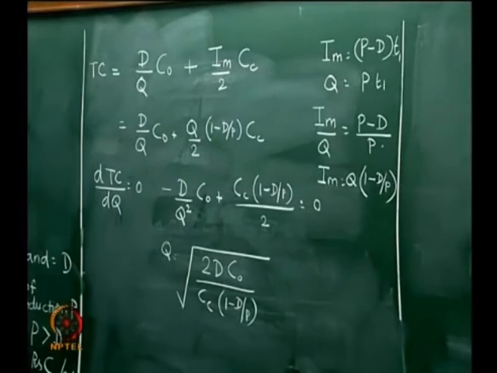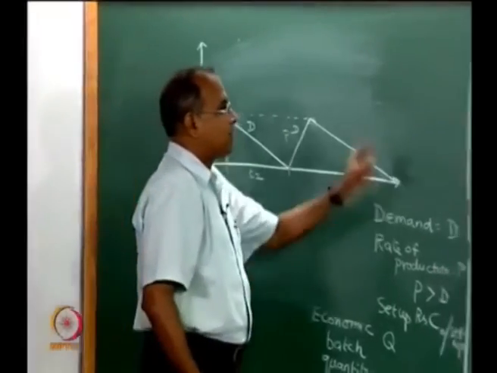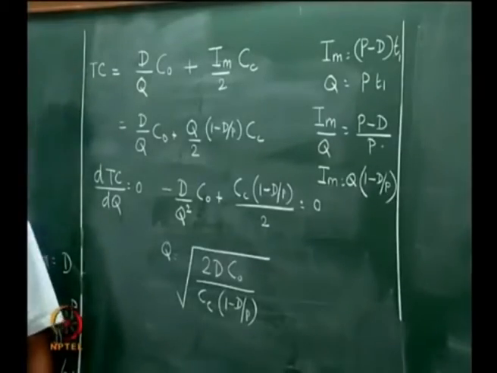So, this is the best value of the economic batch quantity such that we optimize the total cost.